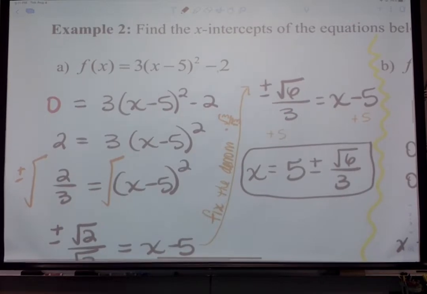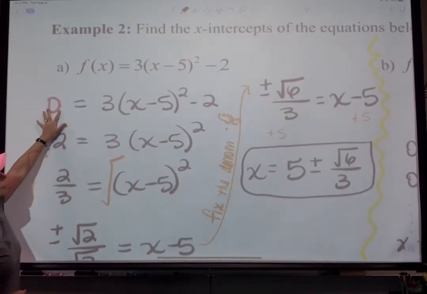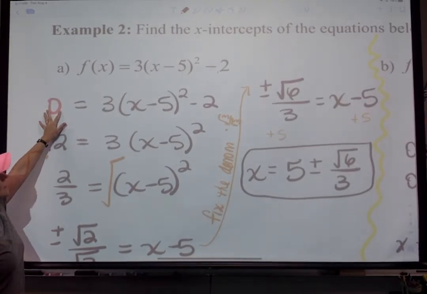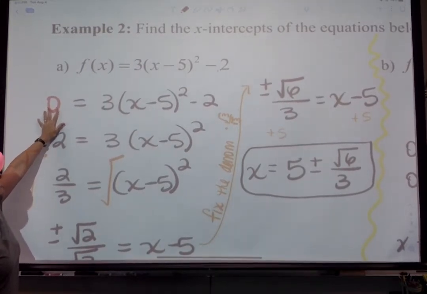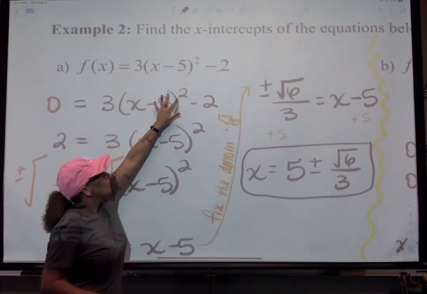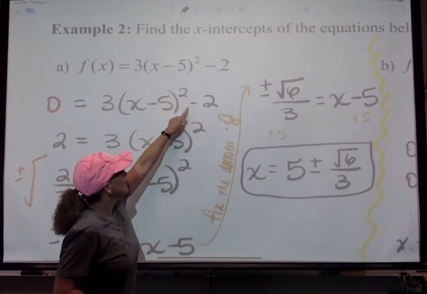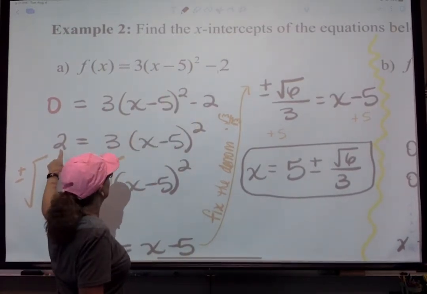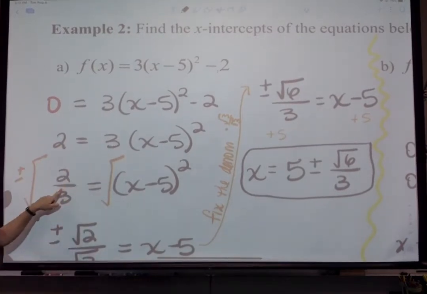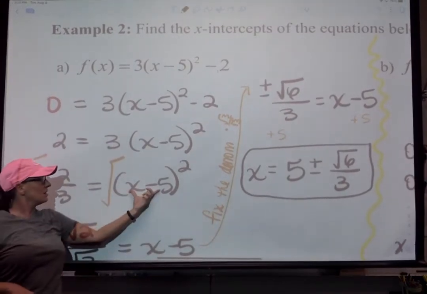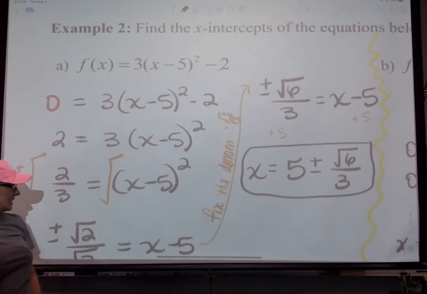Next, we are finding x-intercepts, so we're plugging in 0 for y. So on this one, I sub in 0 for y, and I notice that I have this quantity squared. So I just got rid of my 2, divided both sides by 3, and to undo this, I square rooted each side.